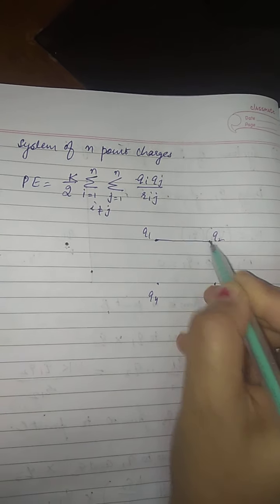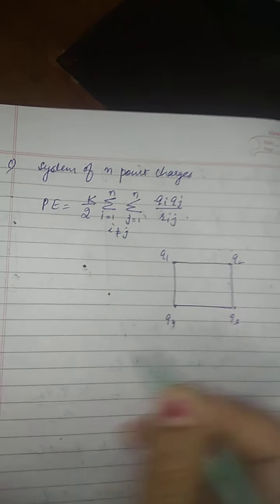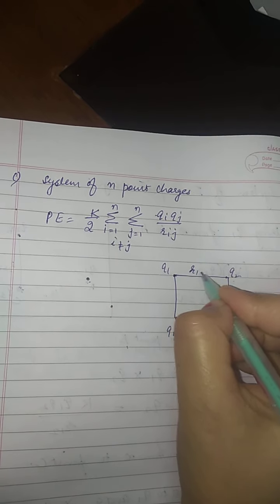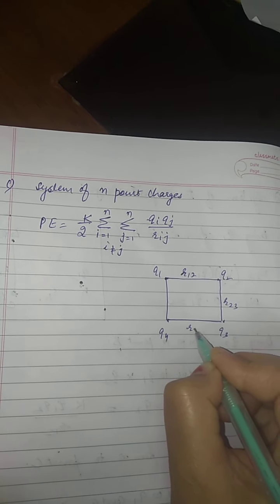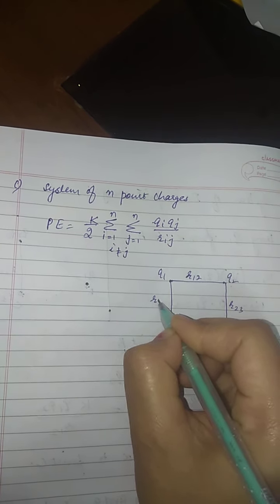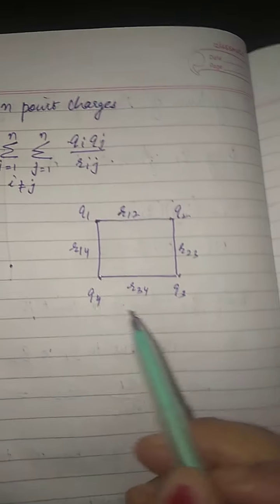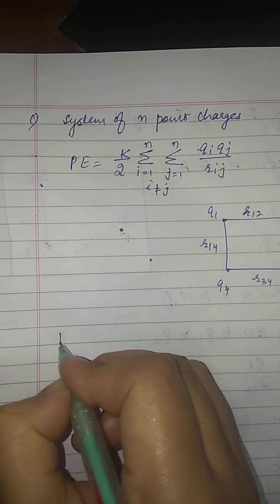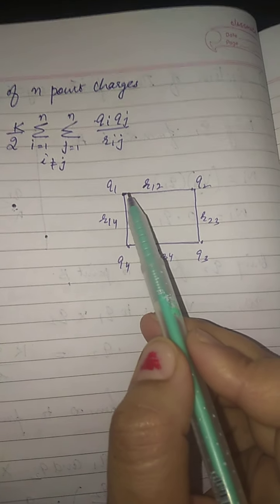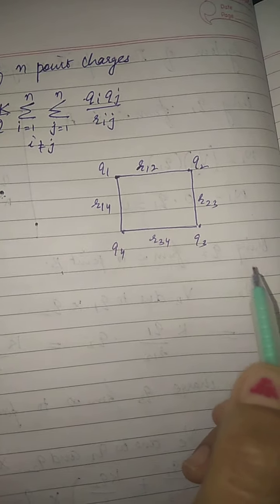So generally how can we write all the terms to write down the potential energy? For this system, I need the distances R12, R23, R34, R14 or R41 as we are considering distances. So for these point charges, how can we write down the potential energy? Any combination of 2 charges you have to consider, and all combinations should be there.